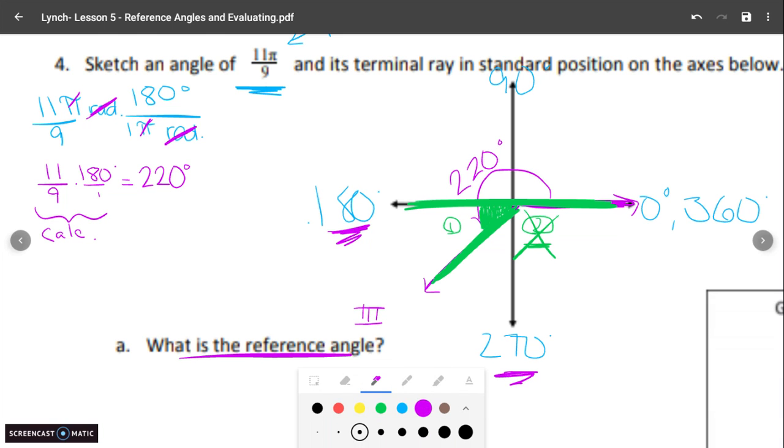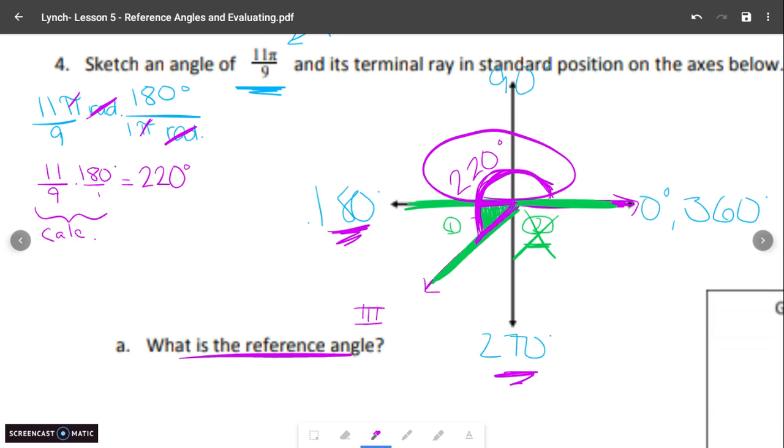But I do know that this big angle here is 220. Part of the big angle is also the angle I'm trying to find for my reference angle. Now, the top part that I don't need up here, we should know equals 180 degrees because it's forming a straight line. So I'm looking for that extra piece, this angle 1 over here.